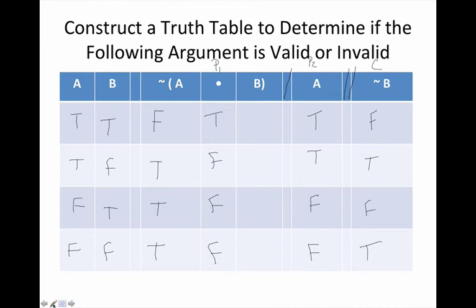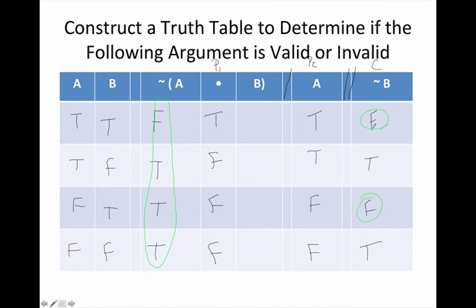All right, so remember what we're doing when we're looking for the argument's status as valid or invalid. We're looking at the rows under each of these columns. More specifically, we're looking for the rows on which the conclusion is false.